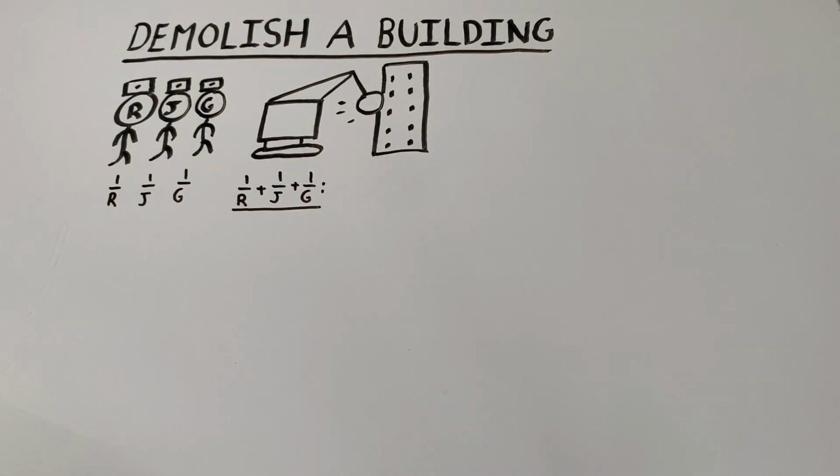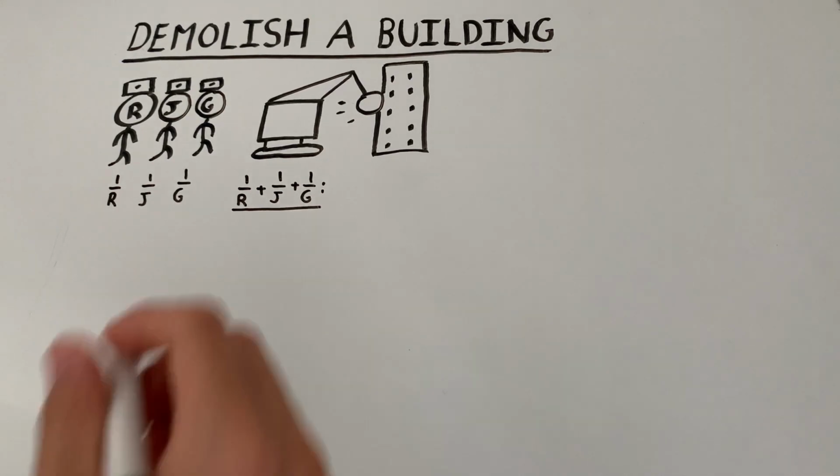Now from here, we need to use the other information that we're given in the problem. So we know that George and John can destroy a building together in 5 days. Then that means each day, George and John are destroying 1/5 of a building.